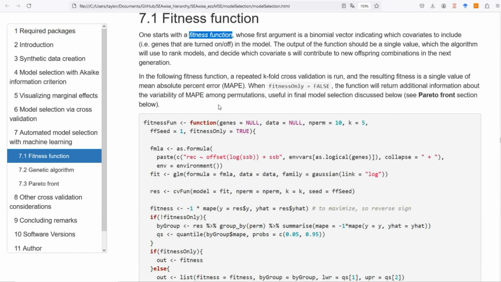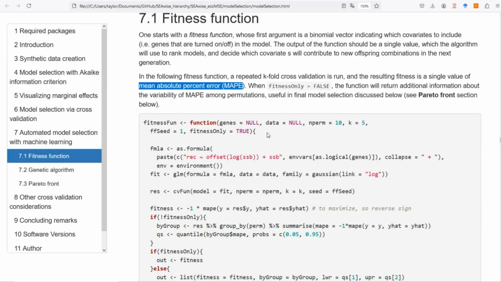In the fitness function that I have here, I'm doing a repeated k-fold cross-validation. And the fitness is going to be just a single value of mean absolute percent error across all of the data points.